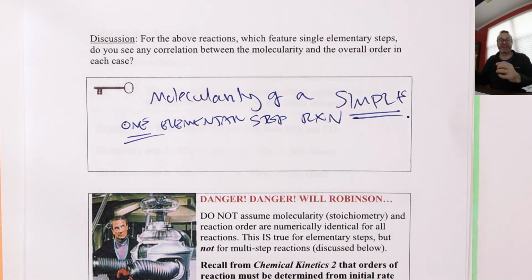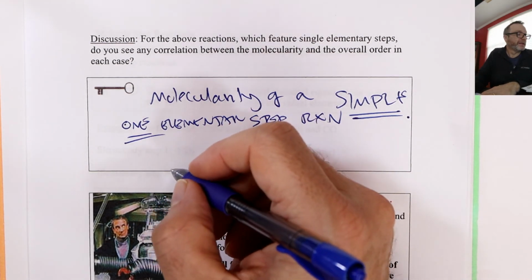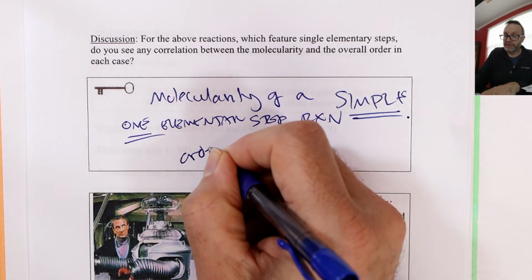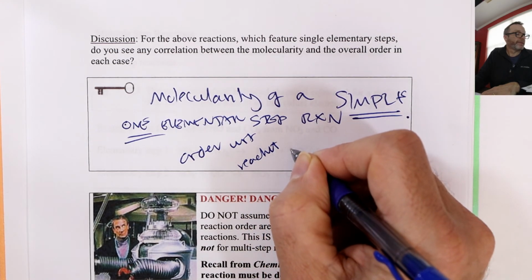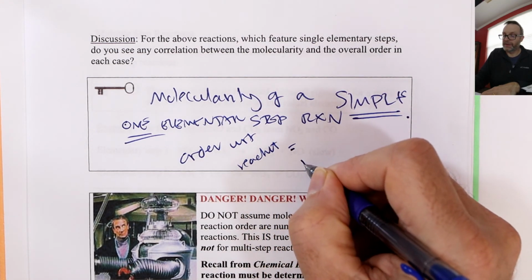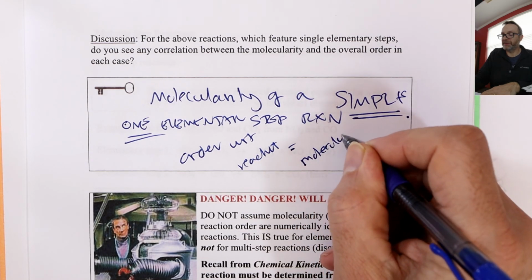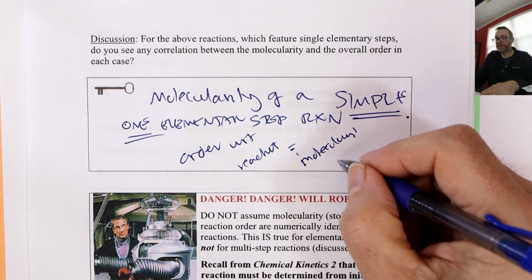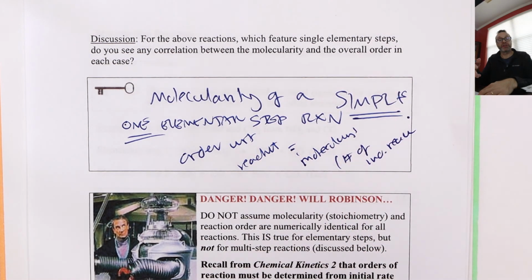Even though it's like A to the third, it's just one event, right? So if I have a simple one elementary step reaction, what did we see? Order with respect to reactant equals, let's call it molecularity, right? So the number of individual reactant. So two A's would be A squared, one B would be B to the first, as we saw on the previous page.